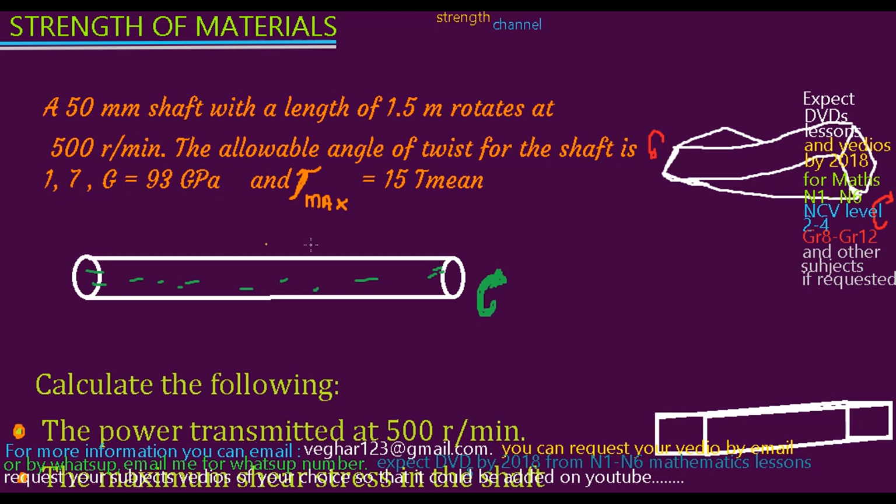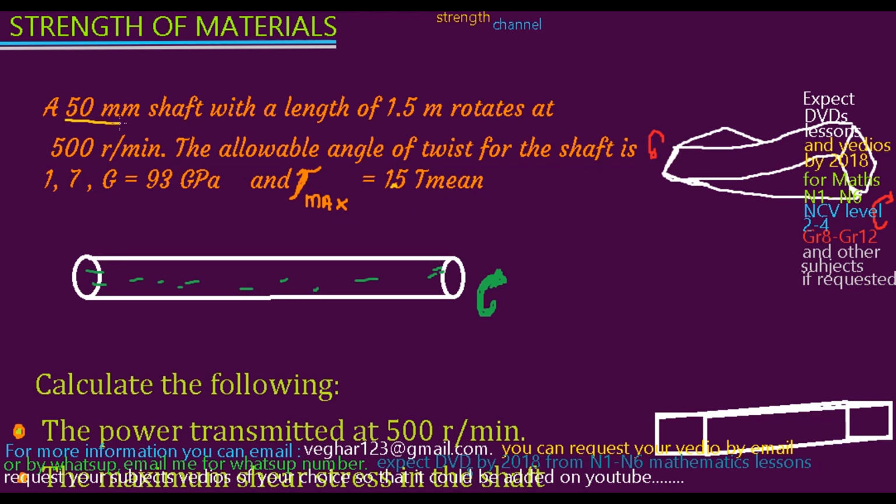So it twists slightly when it's rotating. The maximum torque and the minimum torque have a relationship of 1.5.